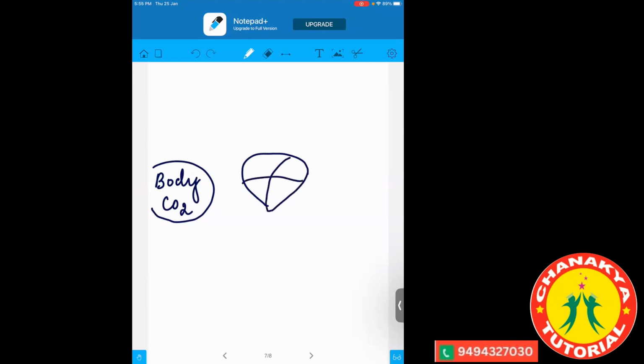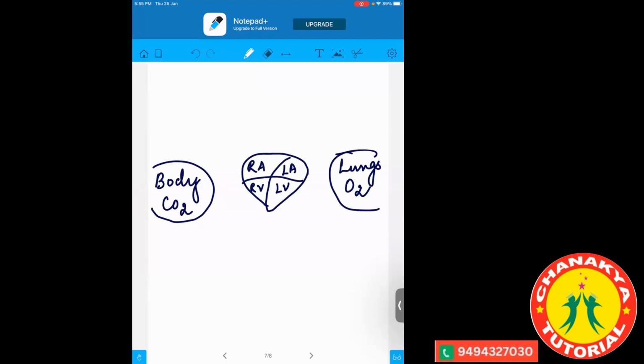We have the 4 chambers, as I told you: right auricle, right ventricle, left auricle, and left ventricle. On this side we will write the lungs, where a more amount of oxygen will be present. This is a simple form to explain in an easier way.